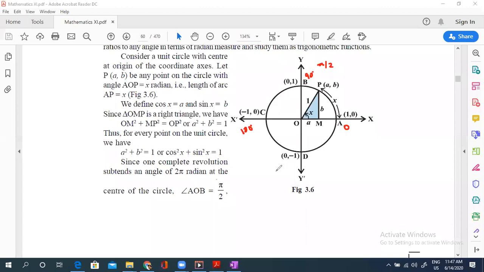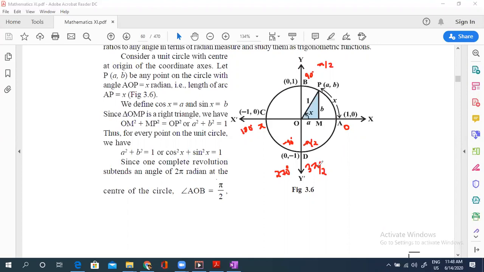This is your 270 degree, if you're considering from the positive side, from the anti-clockwise side, or 3 pi by 2, है ना? If you consider from the clockwise side, it is minus 90 degree or minus pi by 2. Got it? You should know what these angles are.